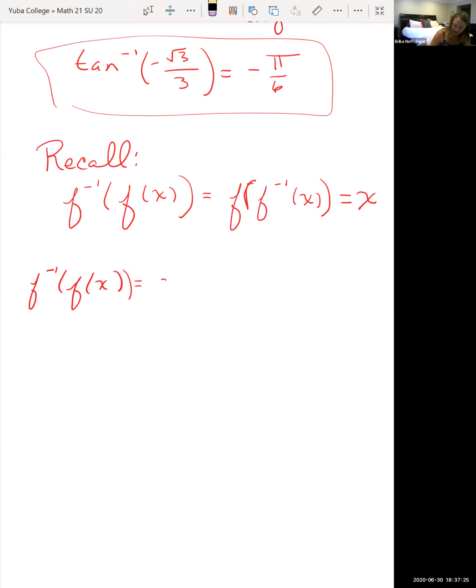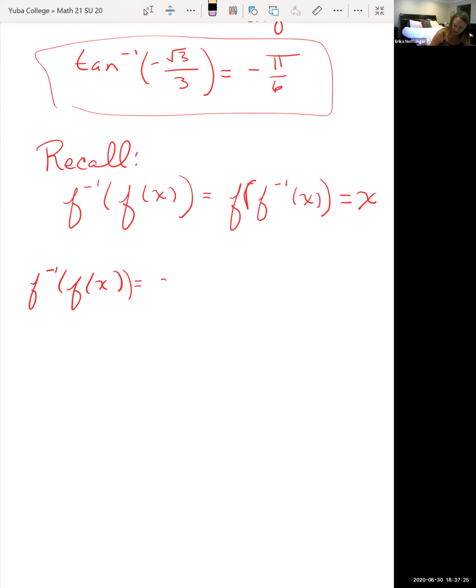So same kind of idea with cosine. If it was f inverse of f of x, where we had cosine inverse of cosine of x, the inner function is cosine of x, where we're going to plug in our value of x first. That has to be between, we limited x between 0 and π to be one-to-one.